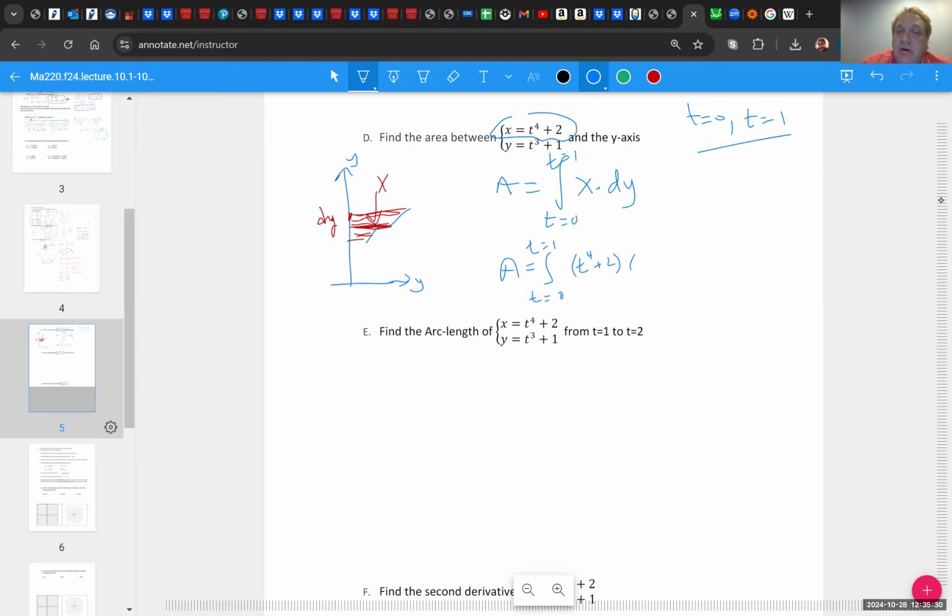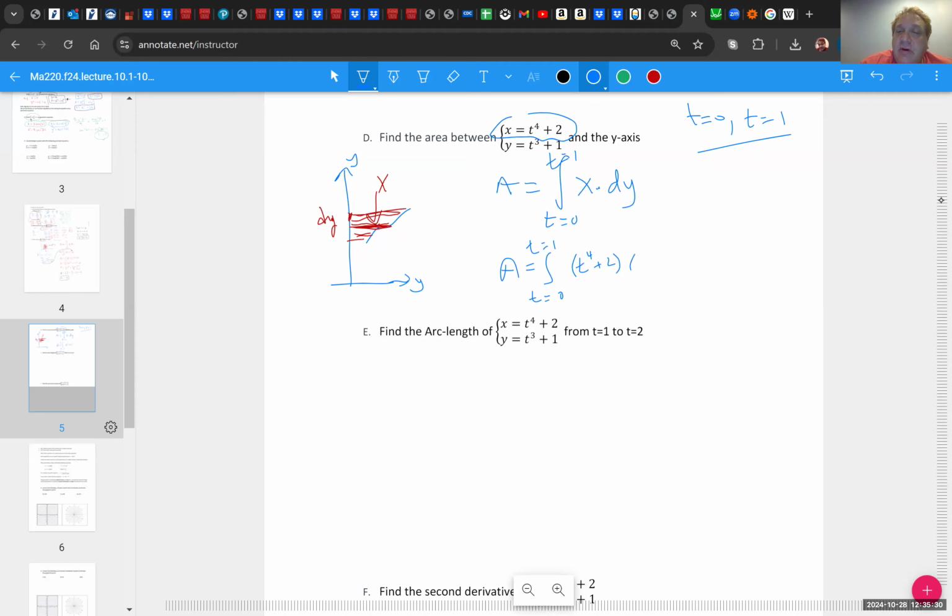Dx/dt is this equation differentiated. If I take x equals t to the fourth plus 2 and differentiate it with respect to t, I get 4t cubed. So the first term is 4t cubed squared, the derivative squared. Then I have to find dy/dt and square that, and then do the differential dt at the end.